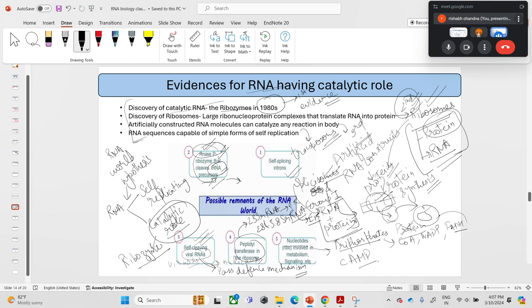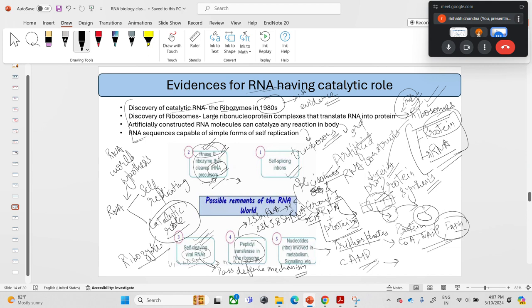So these molecules also have an adenine moiety, and RNA is considered to be a precursor of these molecules, and then cAMP is involved as a secondary messenger in signaling. So these examples show us that the RNA world is not only a hypothesis, but it also has some current examples in our body.